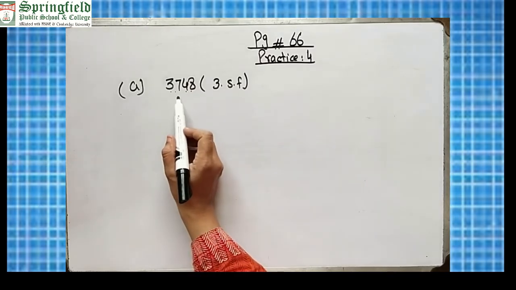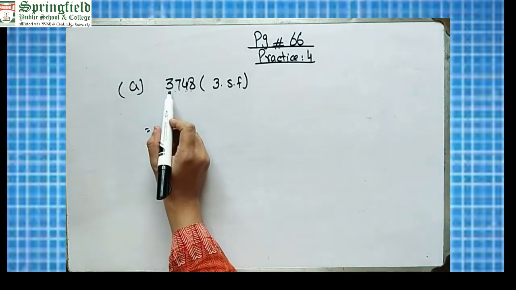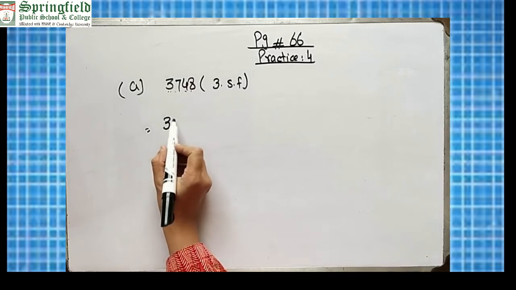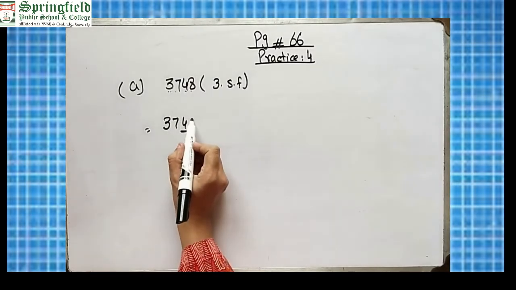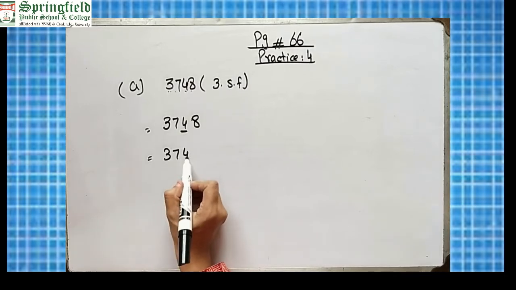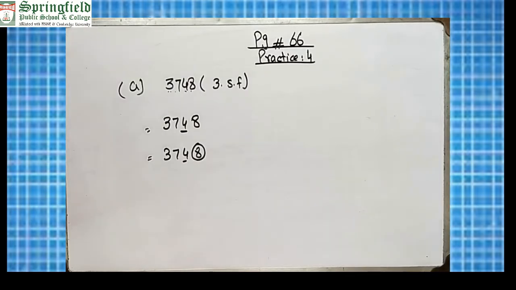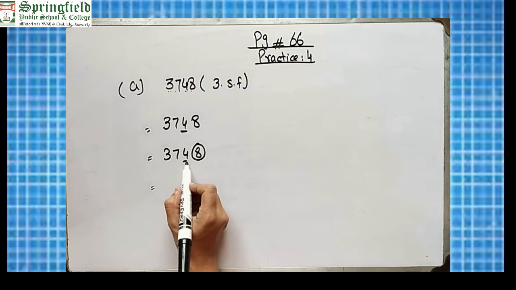So how can we round off this number? We start counting from the left side, 1, 2 and 3. So 3, 7, 4. Underline this digit and then write out 8. So 3, 7, 4 and circle the 8. As we know, 8 is greater than 5, so we will add 1 to the underlined digit.